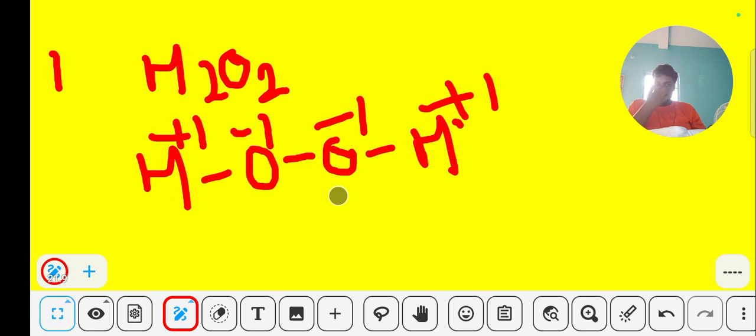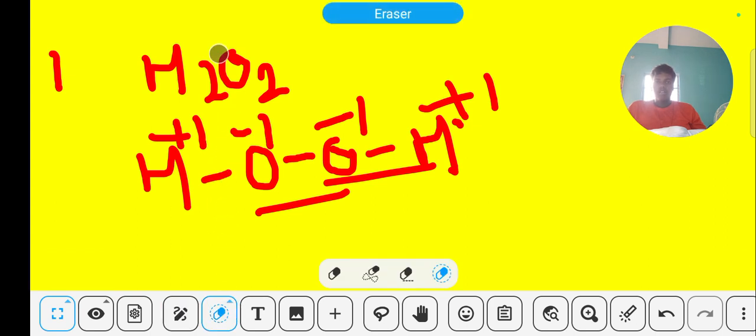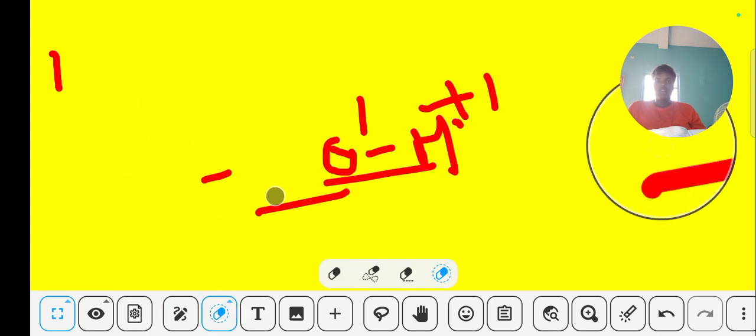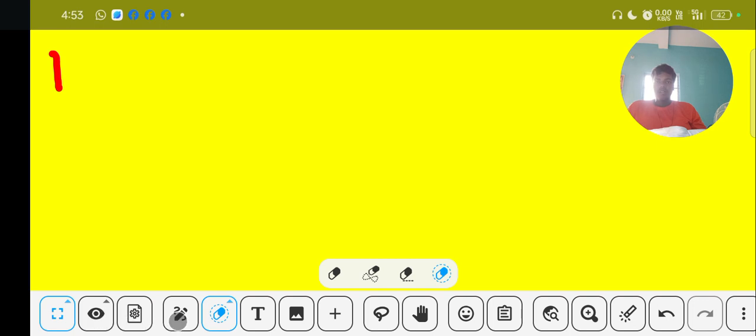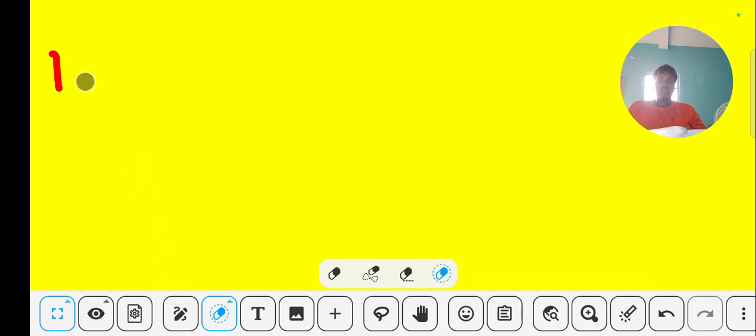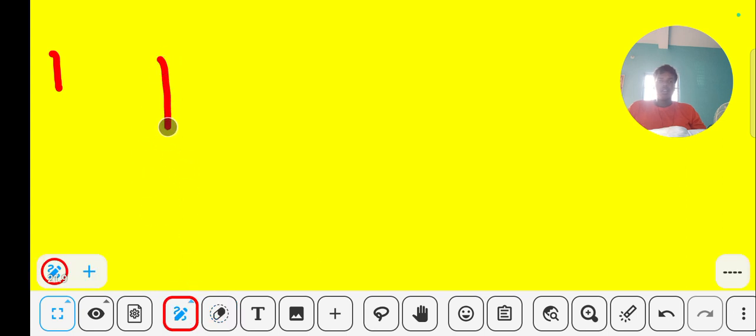Now this is the case of the peroxide: it is -1 and -1 for each oxygen. Now let's talk about the superoxide. If you take examples such as KO2, NaO2, let's talk about KO2.